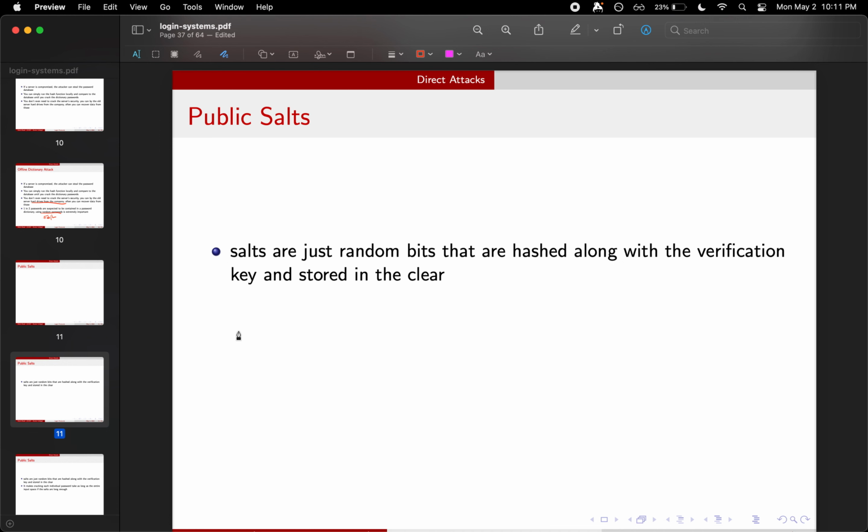So in your database, now you actually have the verification key plus the hashed verification key, and the verification key is hashed with the salt. The salt is represented by N, and this is publicly known.